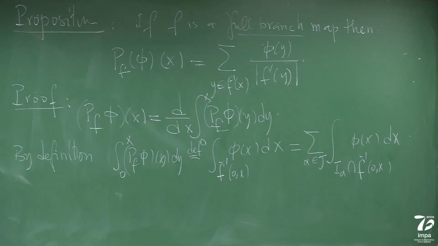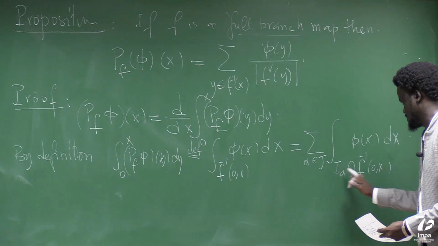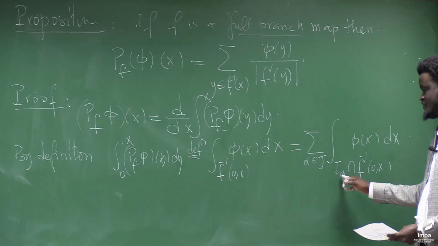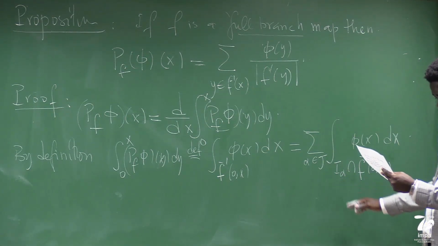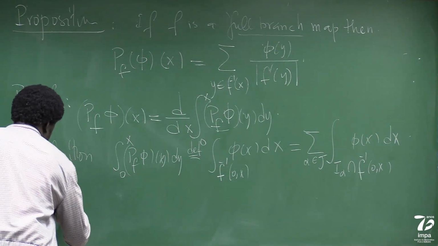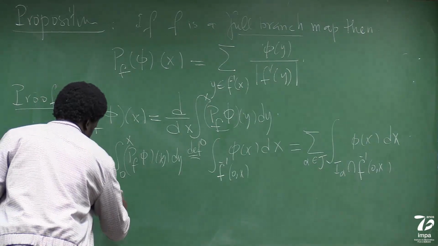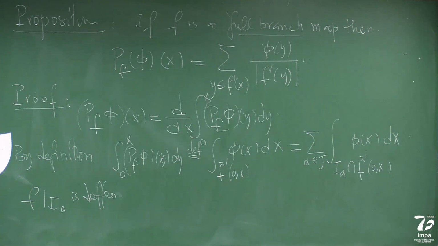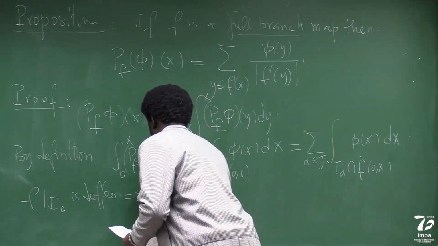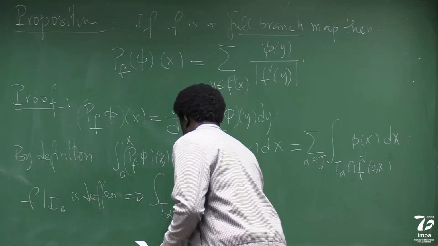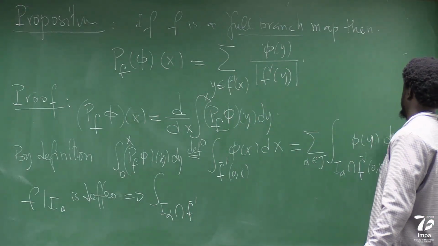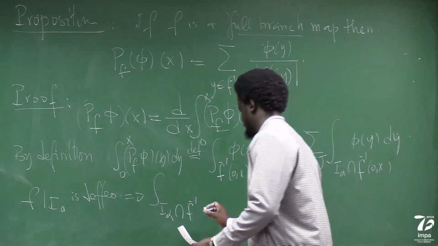And here, F restricted to I alpha is a diffeomorphism. So you can see that this is just the integral over I alpha intersect F minus 1. Sorry, it should be y because I should not confuse it with x.